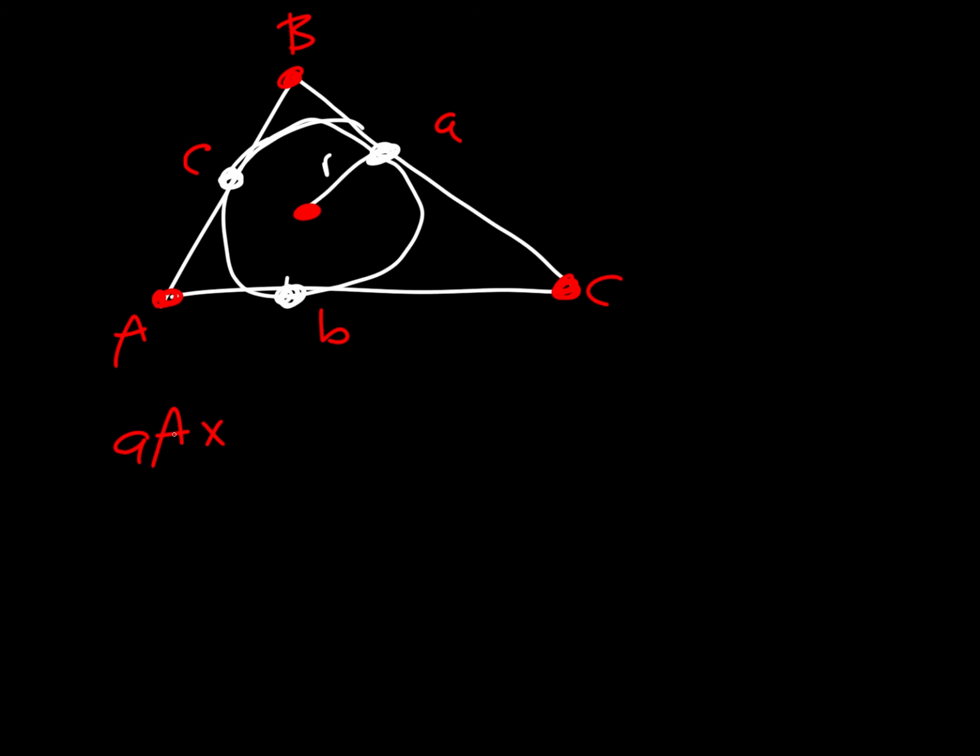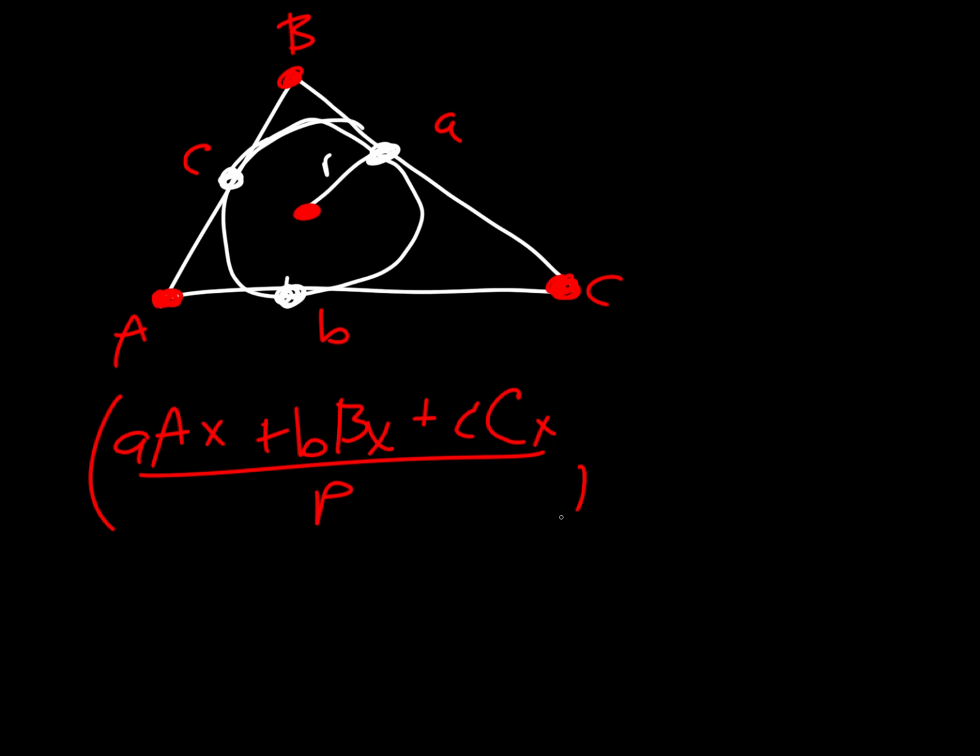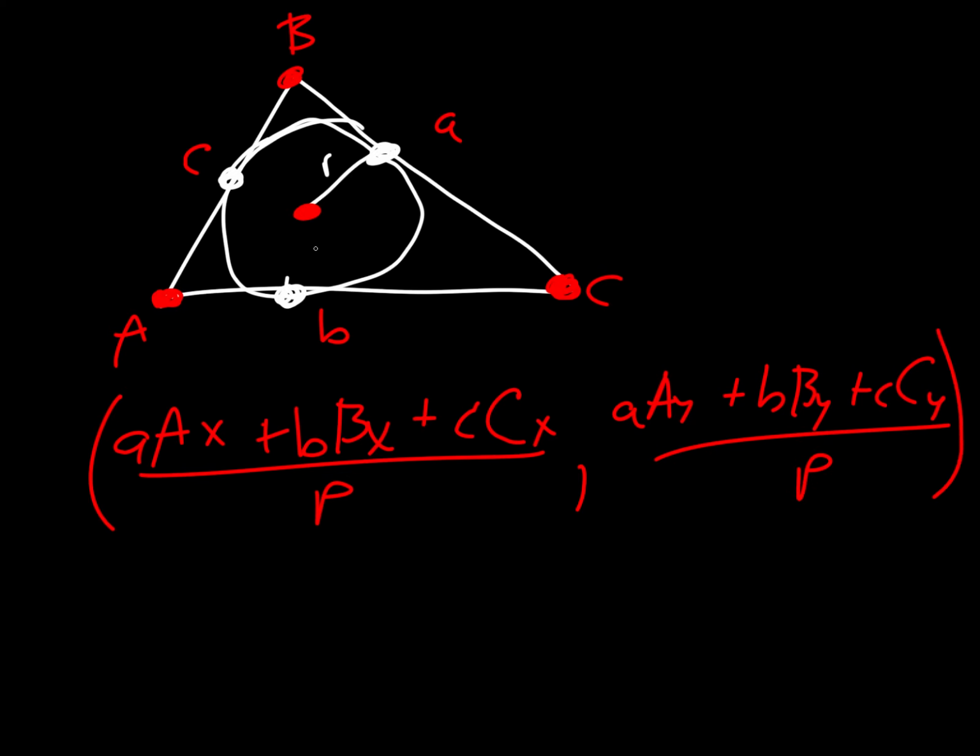So it's going to be a times the x value of this coordinate plus b times the x value of this coordinate plus c times the x value of this coordinate, divided by the perimeter. So a plus b plus c. That's how we're going to get the x value. And then the y value is pretty much the same thing, just with y's. Okay, so that's how we get that.